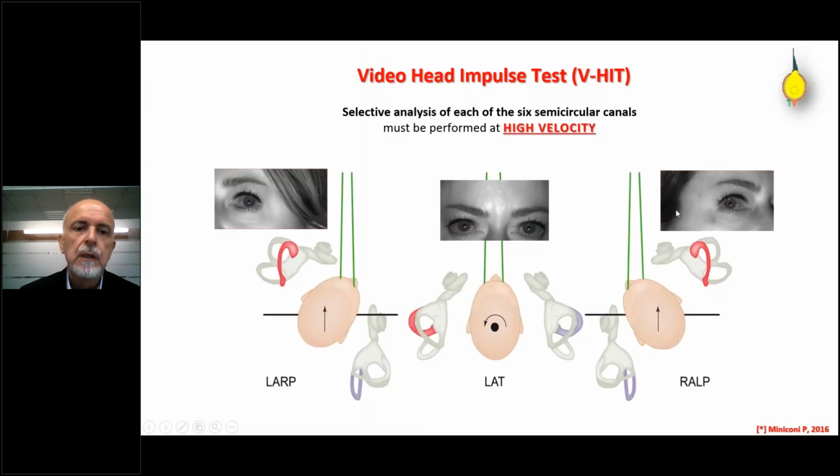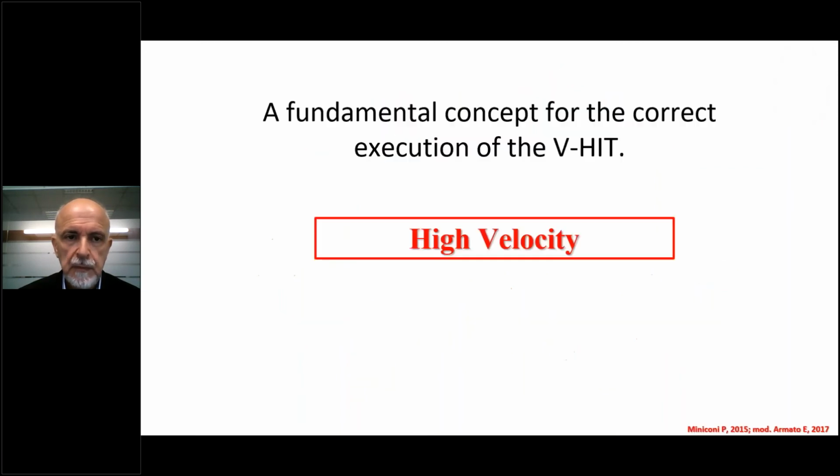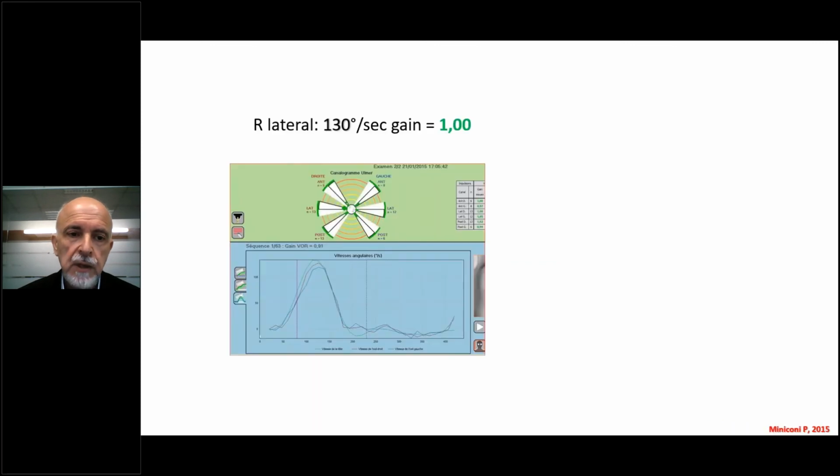In this way, we cannot forget that the video head impulse test must be performed at high velocity. And we have just seen their value. A fundamental concept for the correct execution of the VHIT is the high velocity.